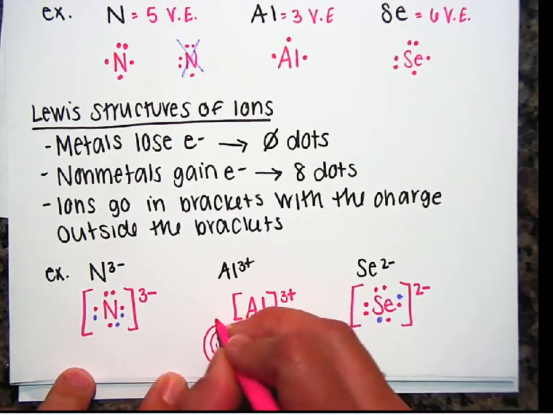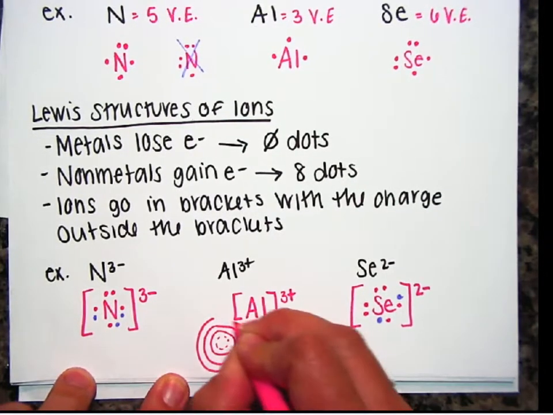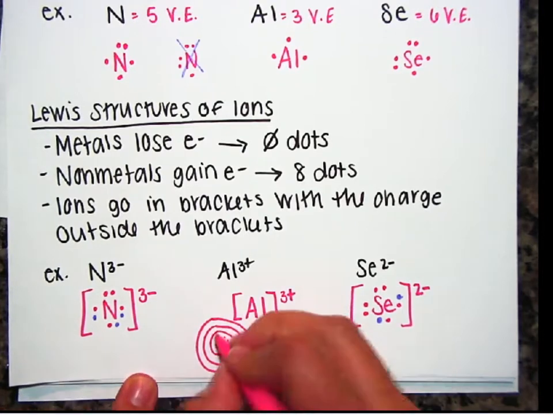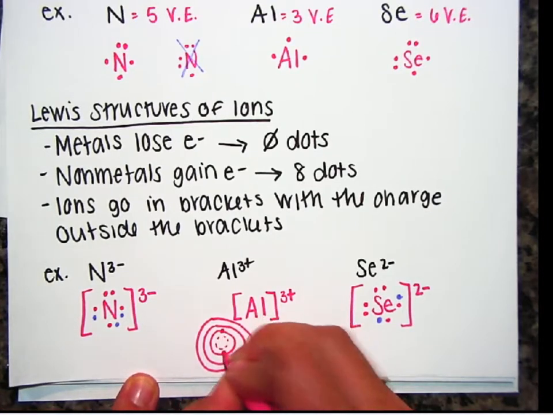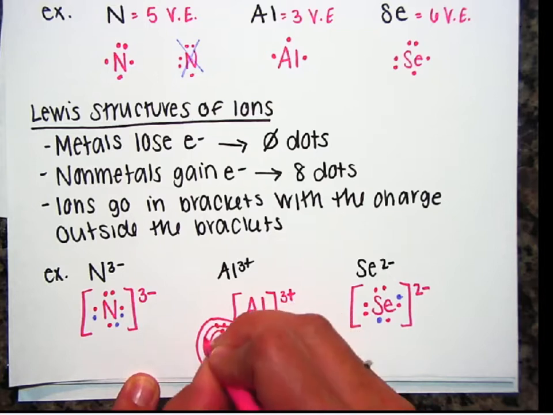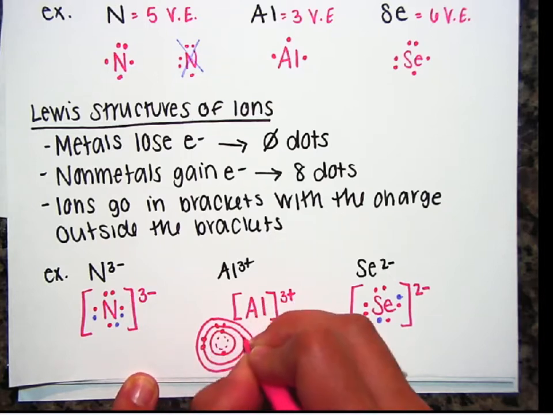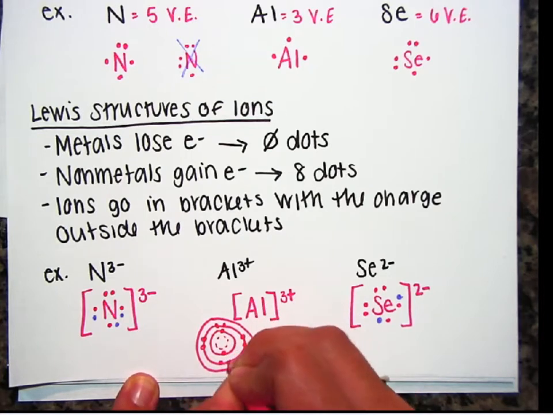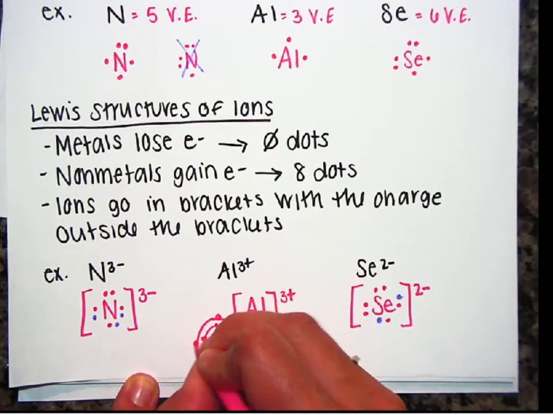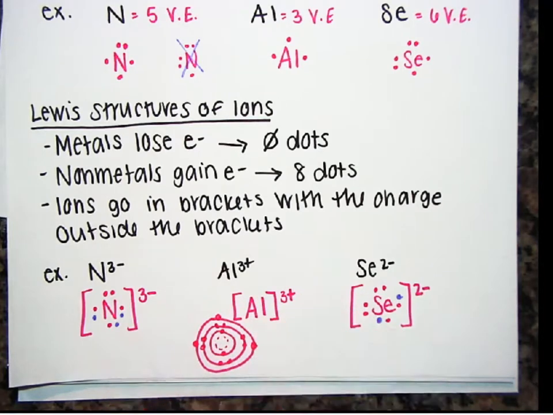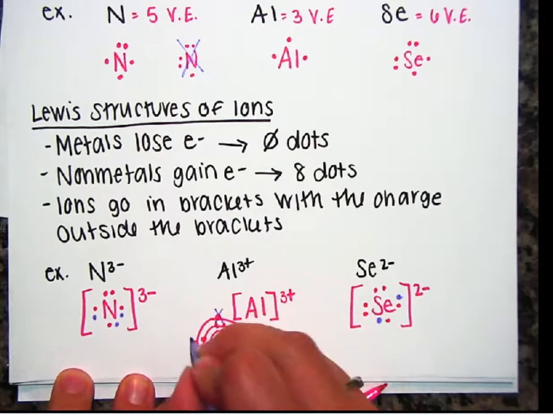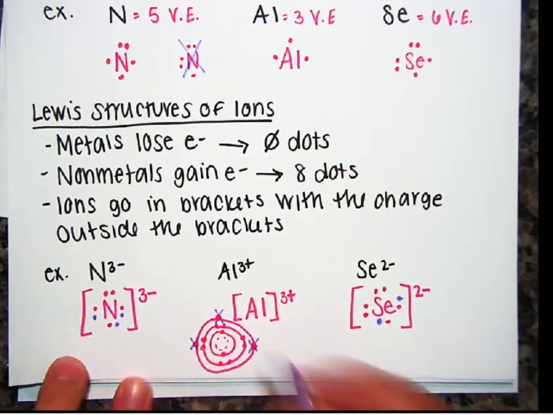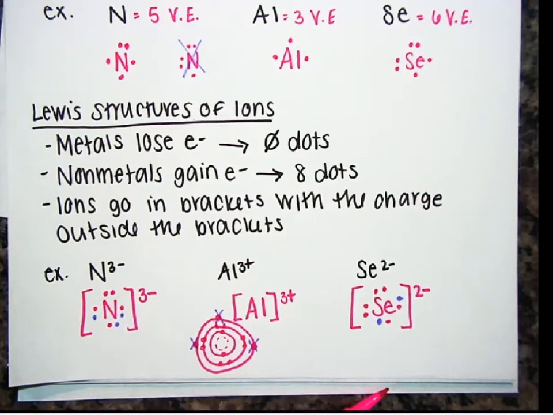So if we were to switch to a Bohr diagram, aluminum starts with 13 total electrons. When aluminum ionizes, it's going to lose 1, 2, 3 electrons.